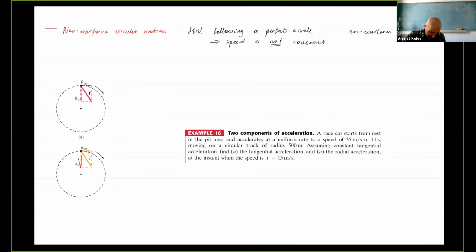And the way we do this is that we basically decompose the force and study it component by component. So what we'll do is decompose motion into radial and tangential components.